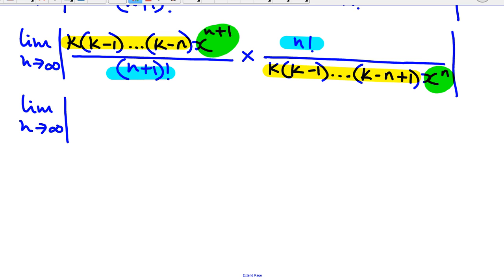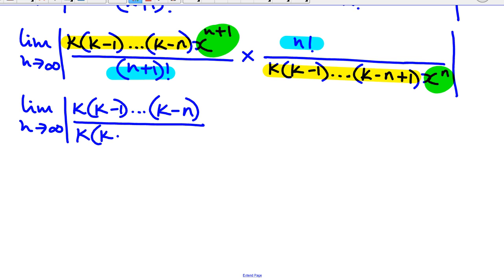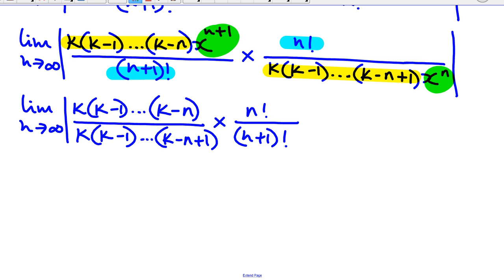So what I'll end up with is k into k minus 1 up to k minus n over k into k minus 1 up to k minus n plus 1, multiplied by n factorial over n plus 1 factorial.